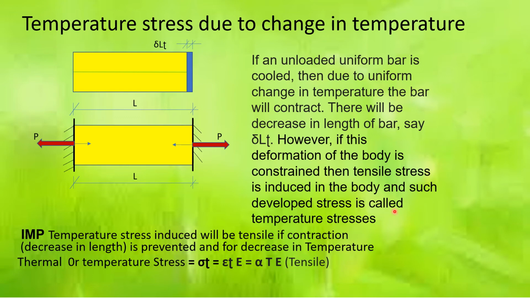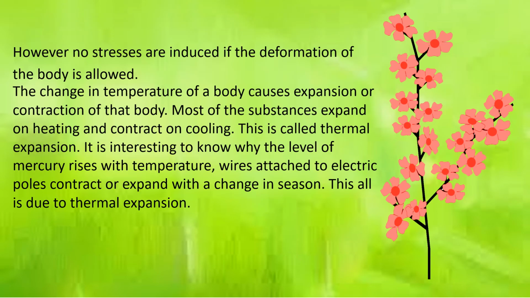So if there is a decrease in temperature and if we restrain the deformation, then the stress developed is tensile. However, no stresses are induced if the deformation of the body is allowed.